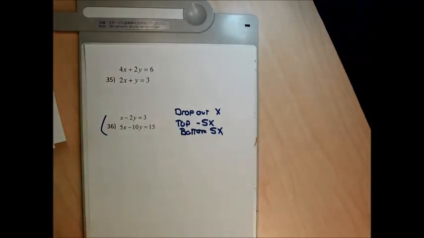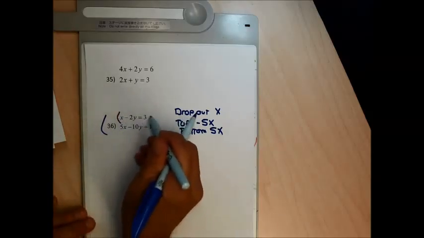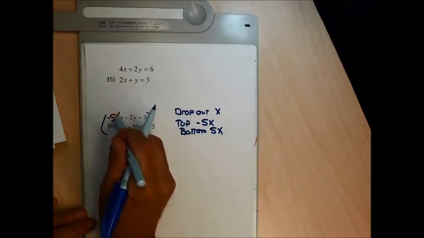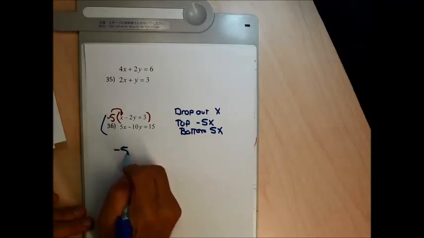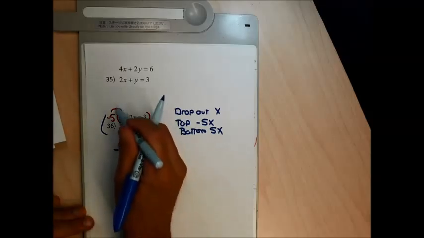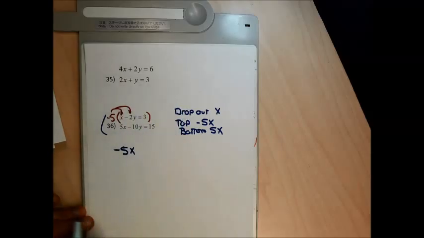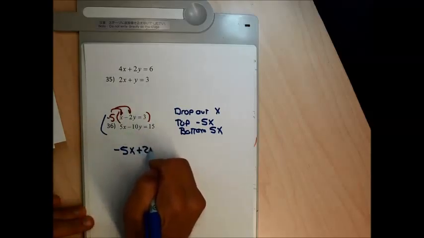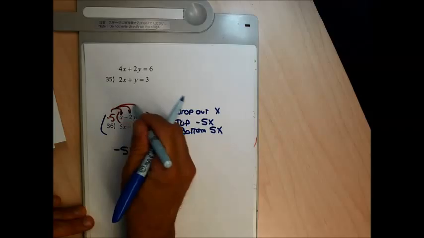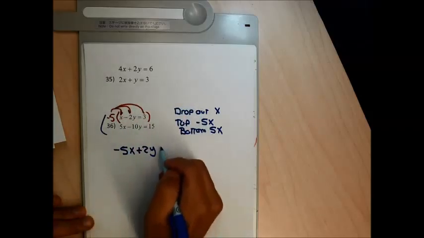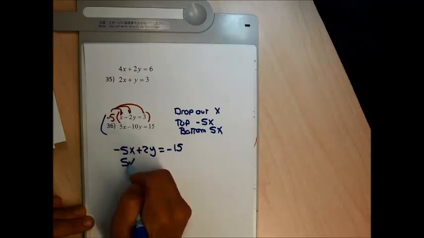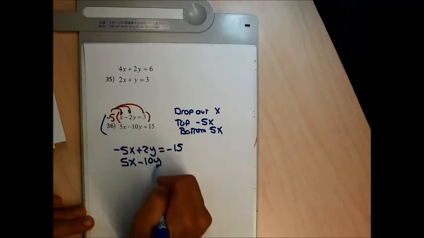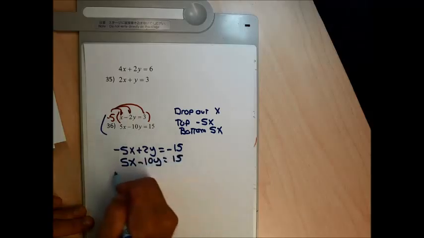To do that, I need to multiply everything in the top by negative 5. So negative 5 times x gives negative 5x. Negative 5 times negative 2y gives positive 10y, and negative 5 times 3 gives negative 15. I'm going to leave the bottom equation, 5x minus 10y equals 15.